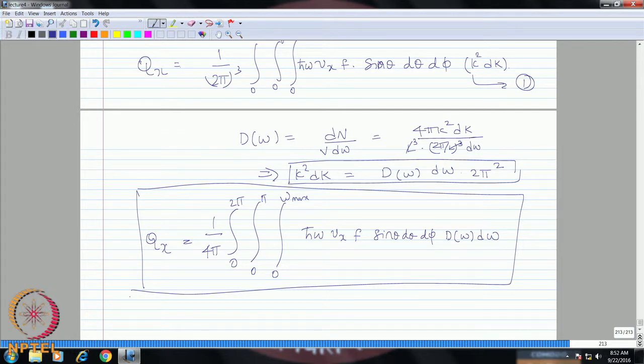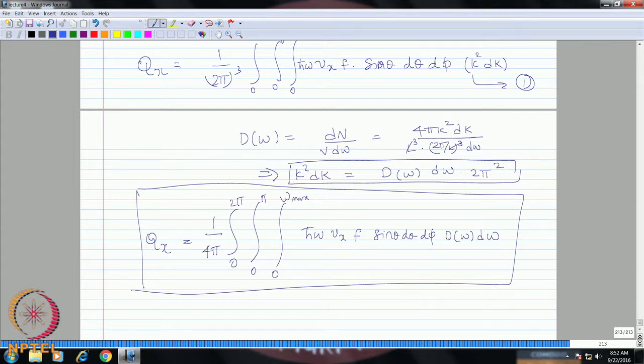I hope all of you understood till this point. What we have done essentially is first started with a discrete summation over the wave vector space, and then converted that into a continuous integral over the solid angle theta and phi, and again we have a k square dk.